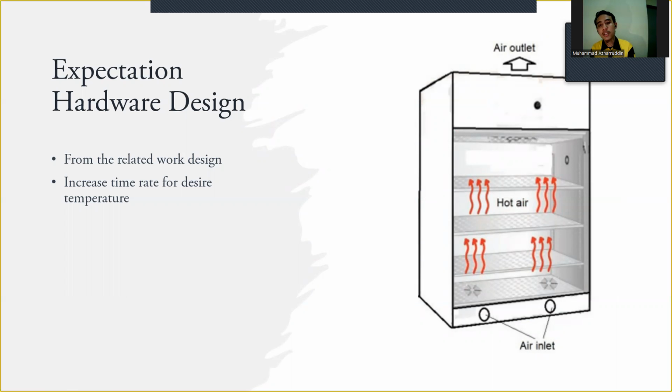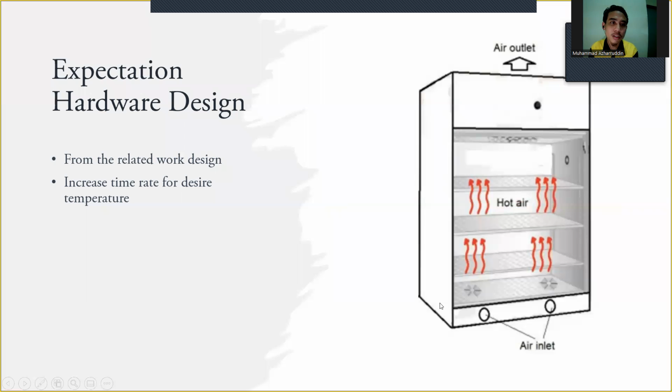This design is actually from the related work that I studied. The improvement that I can make from here is to increase the time rate for the desired temperature. For example, the height for this project is about 50 cm and the width is about 30.